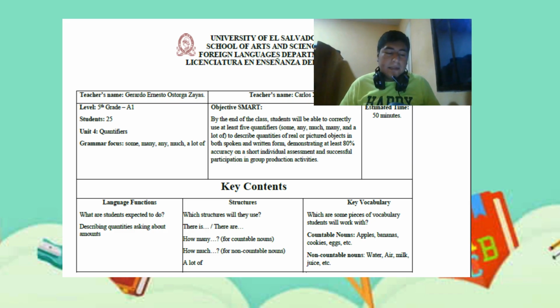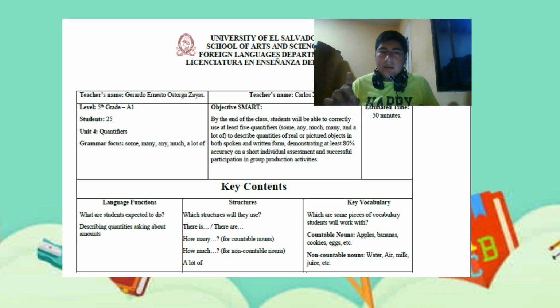And the objective is by the end of the class the students will be able to correctly use these five quantifiers: some, any, much, many, and a lot of, to describe quantities of real or picture objects in both spoken and written form.